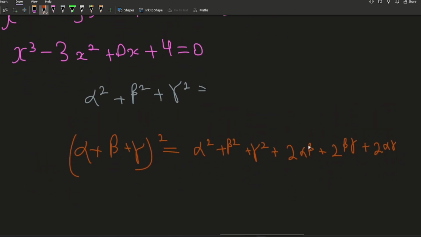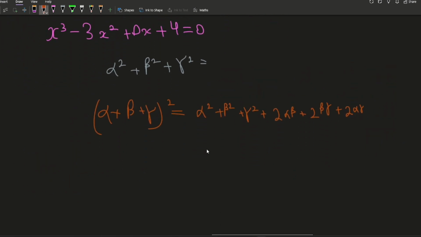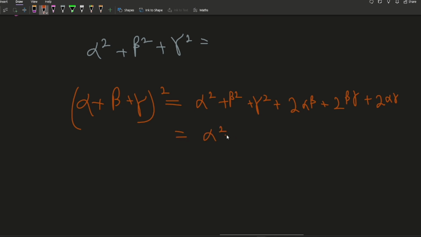We can take 2 common here. So let's rewrite it: alpha square plus beta square plus gamma square plus 2 times alpha beta plus beta gamma plus alpha gamma.